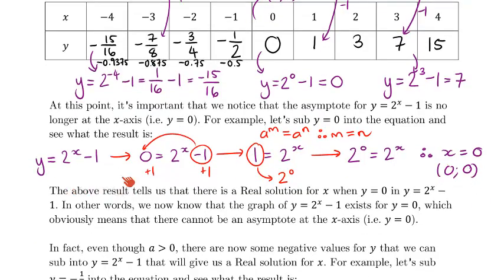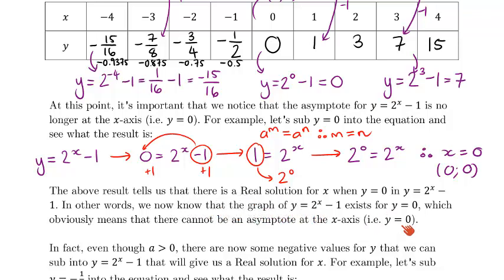Now, the above result tells us that there is a real solution for x when y is equal to 0 in y is equal to 2 to the x minus 1. In other words, we now know that the graph of y is equal to 2 to the x minus 1 exists for y equals 0, which obviously means that there cannot be an asymptote at the x-axis.